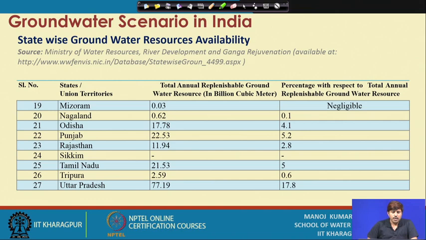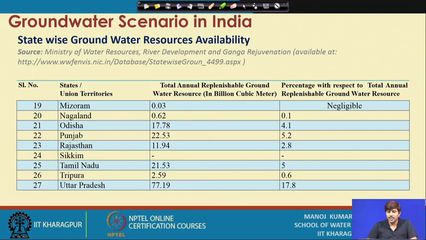See, the critical conditions are actually for Rajasthan, one of the largest states in terms of area. The replenishable groundwater resources are a little under 12 billion cubic meter.